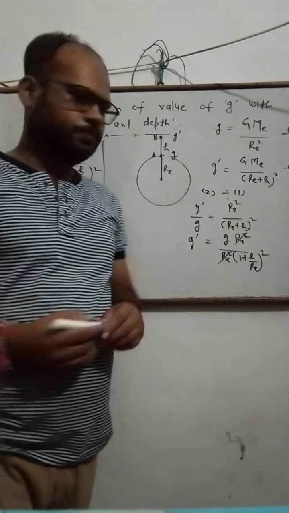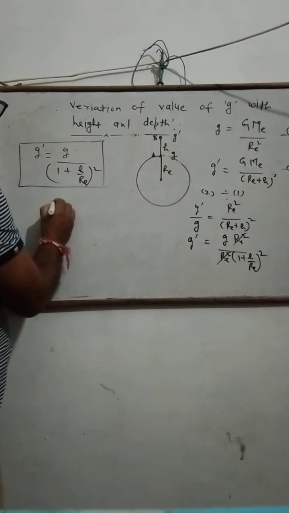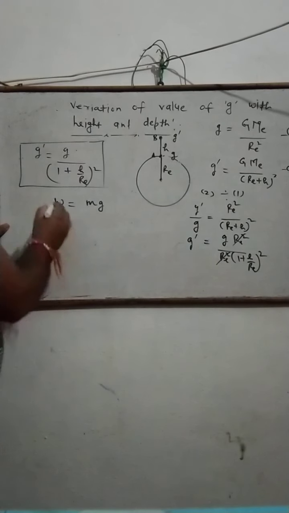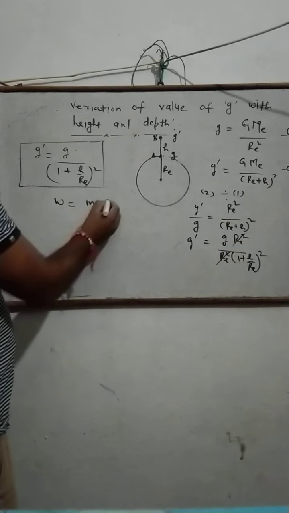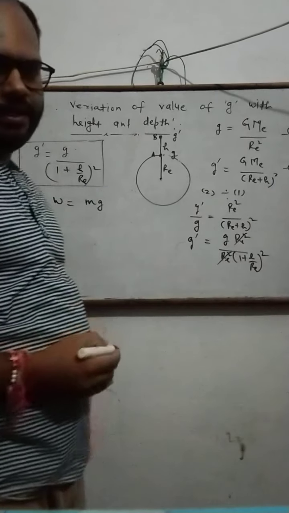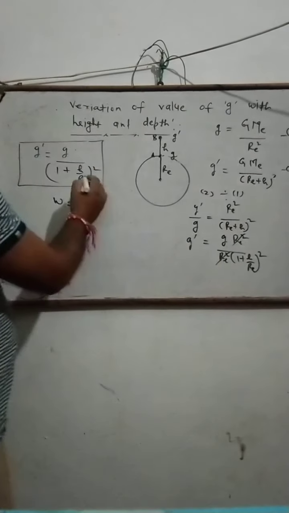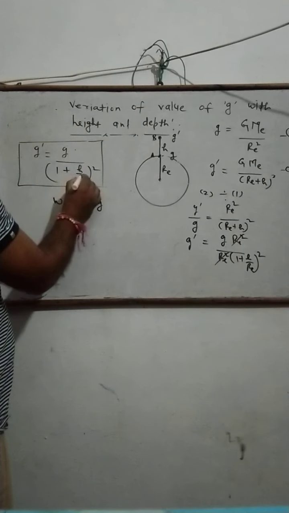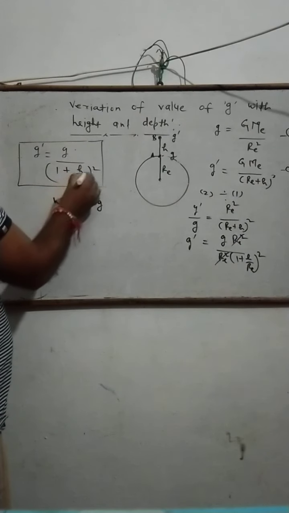As you know, the weight of a body is given by m into g. So weight will also vary as the value of g varies. So here you can see h by Re, this value is greater than 0, so the complete bracket will be greater than 1.